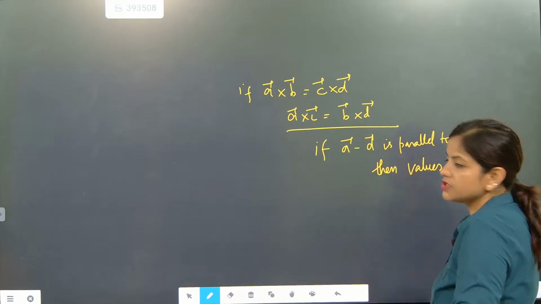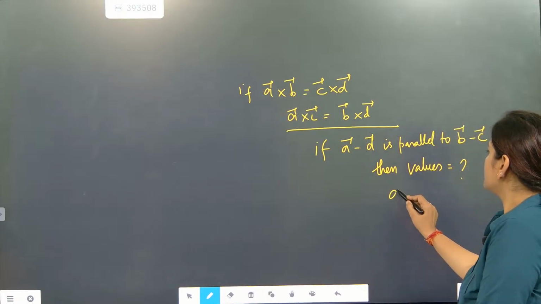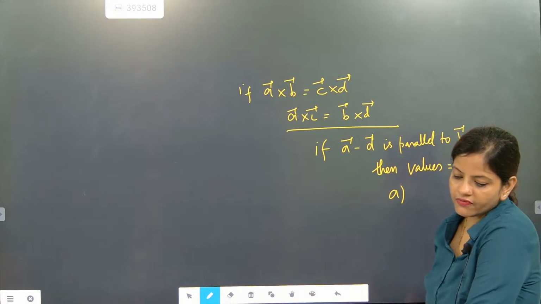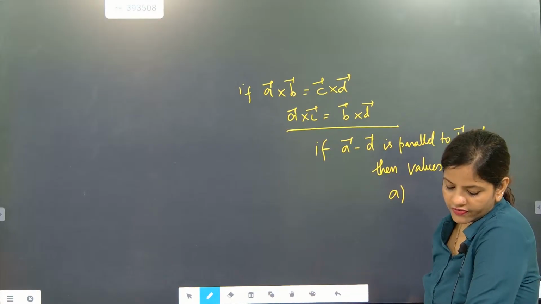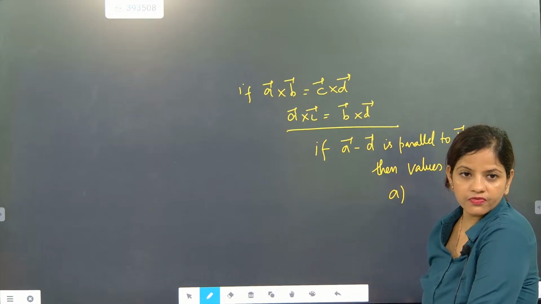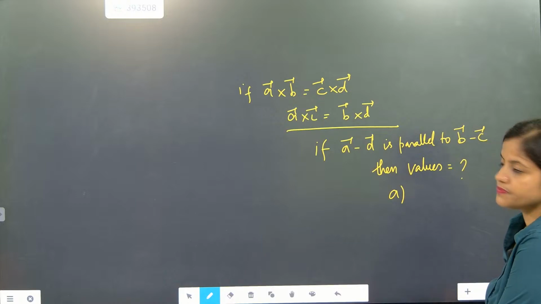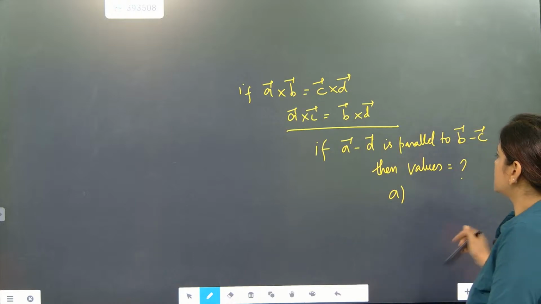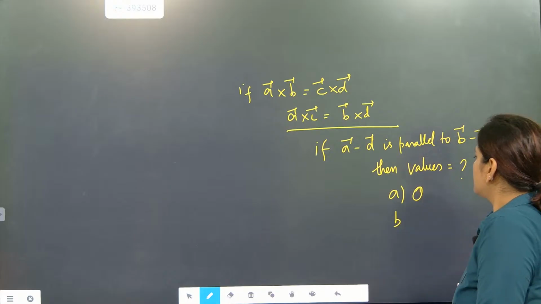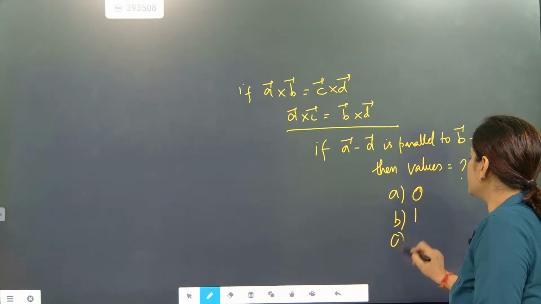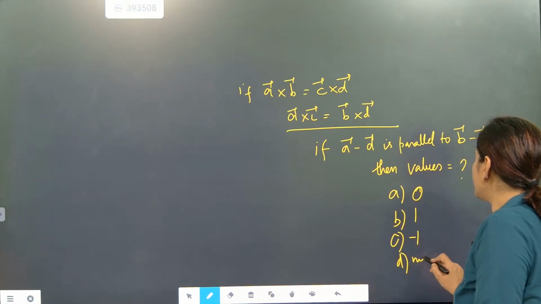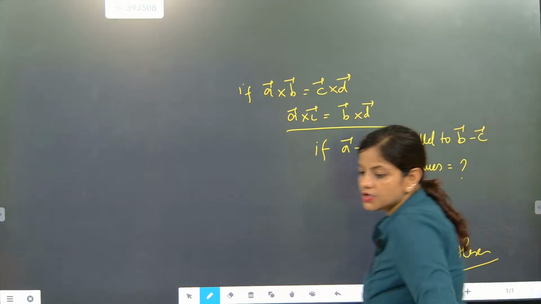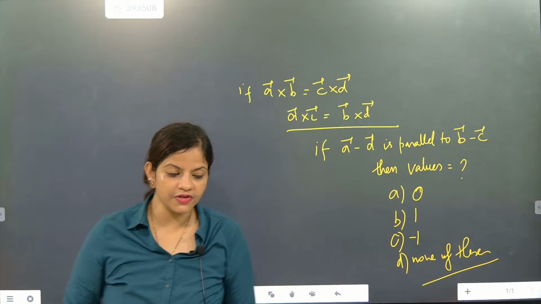What can be the value if A minus D is parallel to this? If they are parallel, how are we going to find it? We can know that in most cases the answer for this will come as 0 only. None of this. So we'll definitely be taking and solving this question.